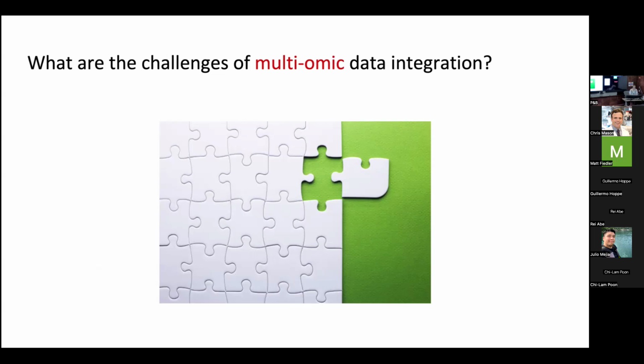This is the problem. Different types of data, and especially sparse data sets like somatic mutations, are very hard to integrate, and you have to think about it when you create your model. I have examples of how it can be done, so we can talk about it if we have to.